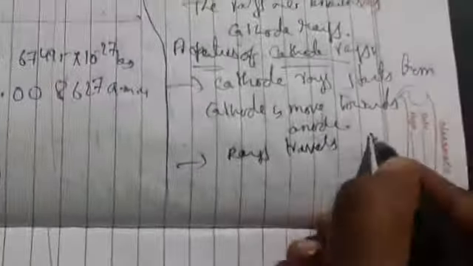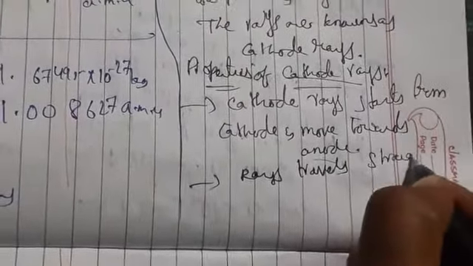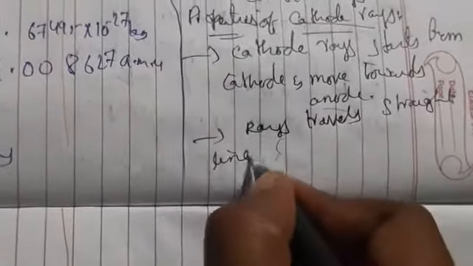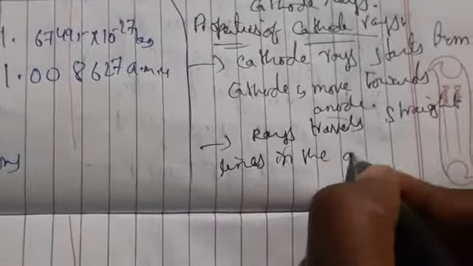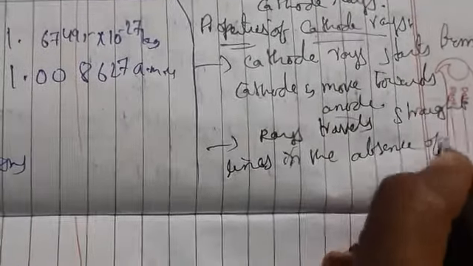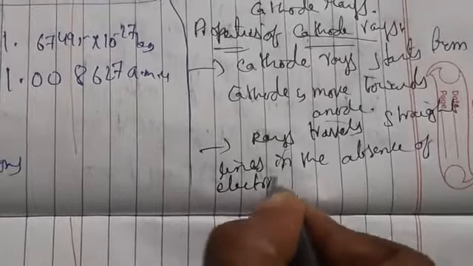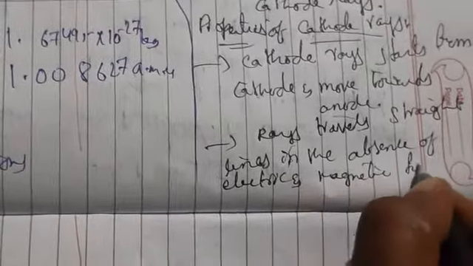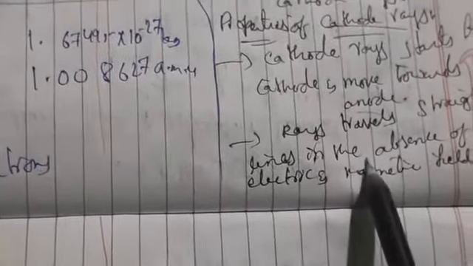This is the second point we are discussing: straight lines in the absence of electric and magnetic fields.